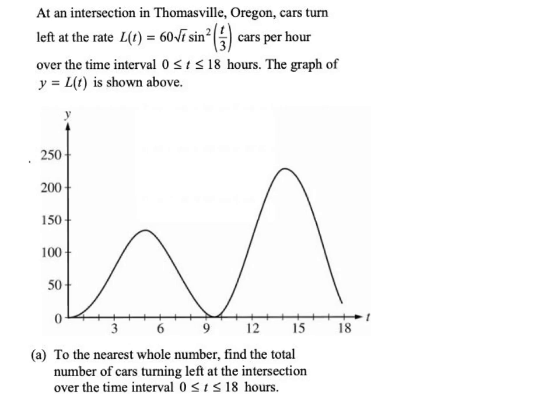Okay, so if we have an equation that gives us a rate for cars turning left, the total is going to be equal to the integral from 0 to 18 of L of t dt.